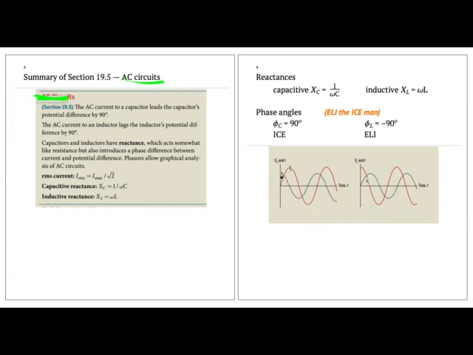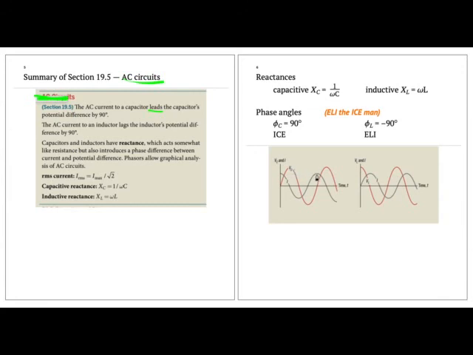And you see the current is leading the voltage. This is a function of time. So the maximum of the current occurs here. The maximum of voltage occurs a little later.